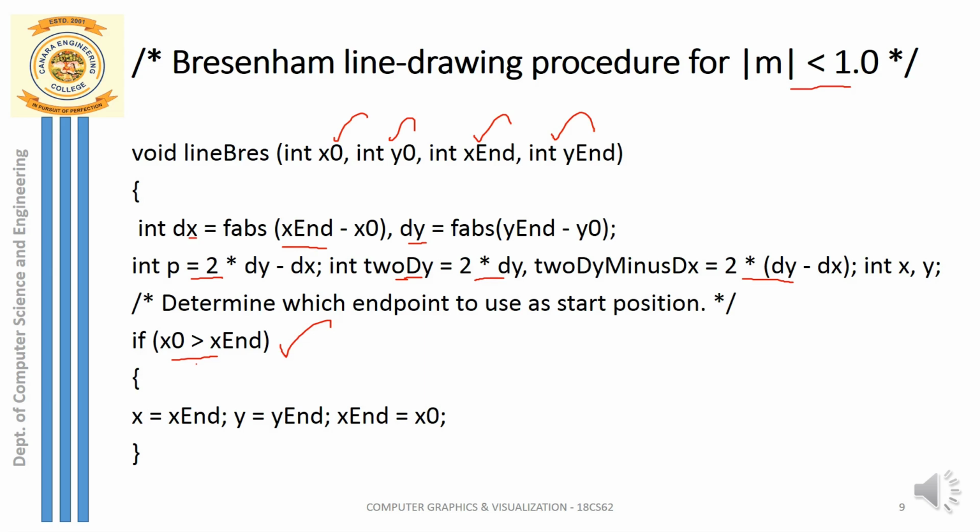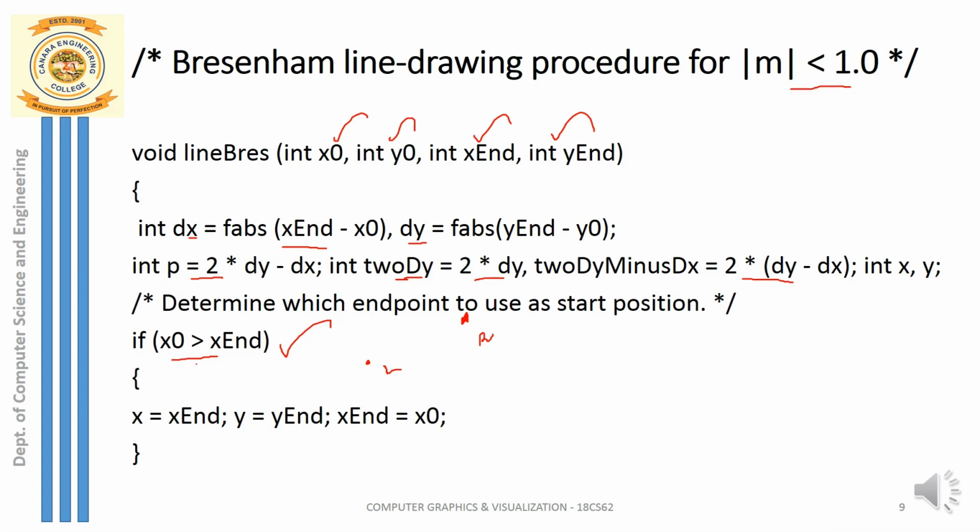In that case we don't want it to happen, right? So we always prefer x0 to be lesser than x end, so that we can start plotting from the leftmost end. It is something like x0, y0 should be over here, x end, y end should be over here. So the left side point should always be less than the right side point.